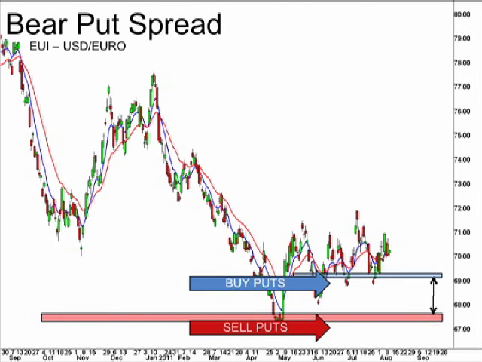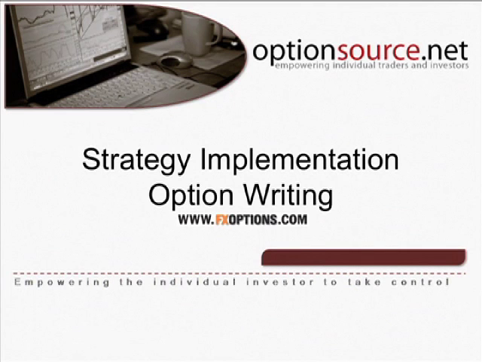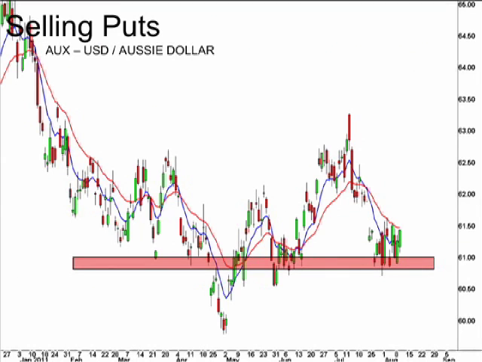But it allows us to lower our break-even point, lower our risk exposure, and ultimately it compensates us for overpaying for our long put position. Okay, so that would be the consideration with this particular chart.